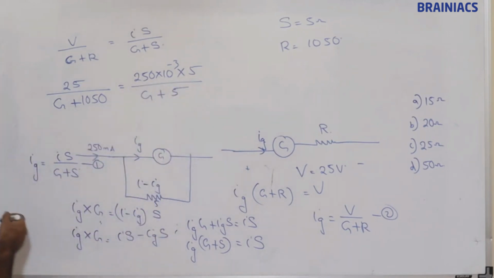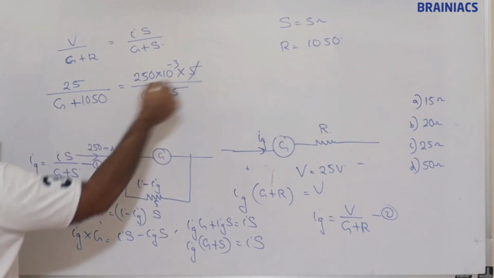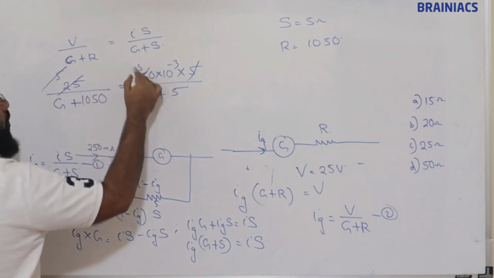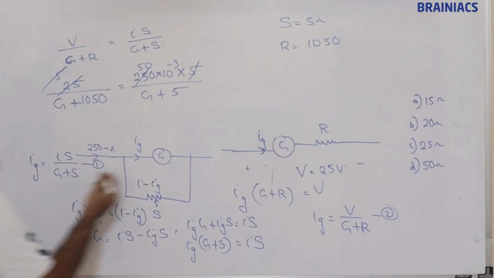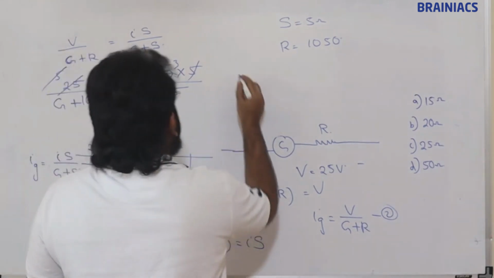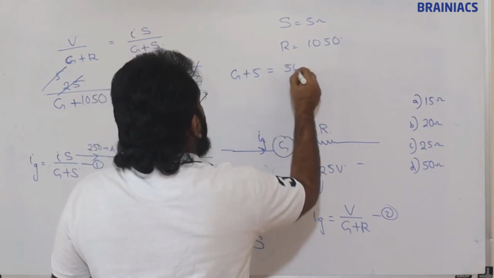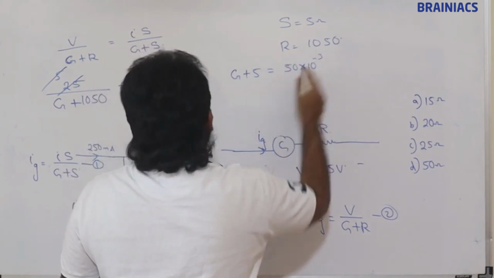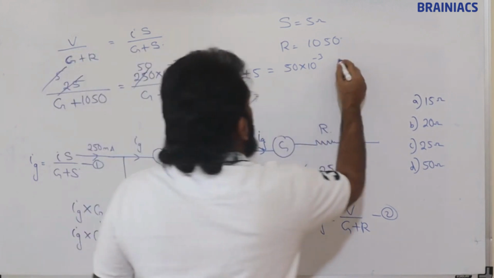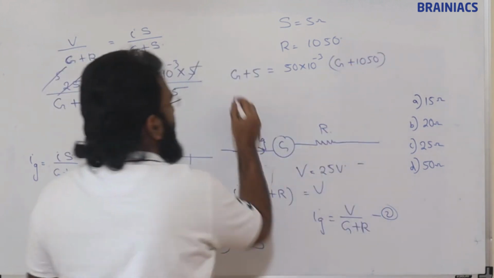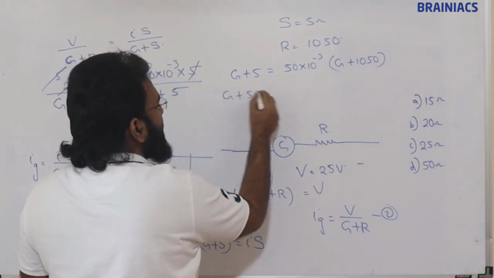The 5 here is 5, and this is going to be 50. So G plus 5 is equal to 50 into 10 raised to minus 3 into (G plus 1050).